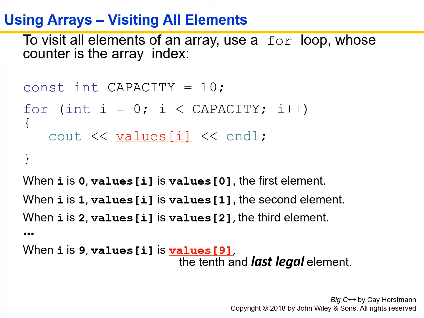Once you have an array, assuming you've been good and made a nice little constant variable that indicates how big your array is, it's very easy to iterate through the entire array with a for loop.